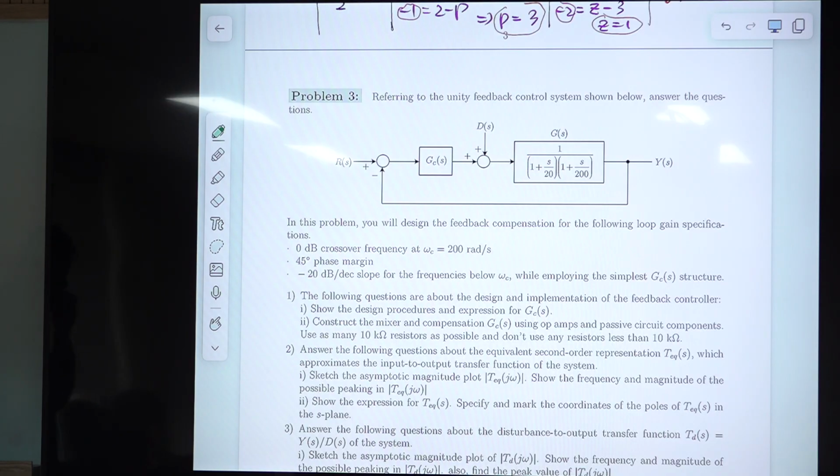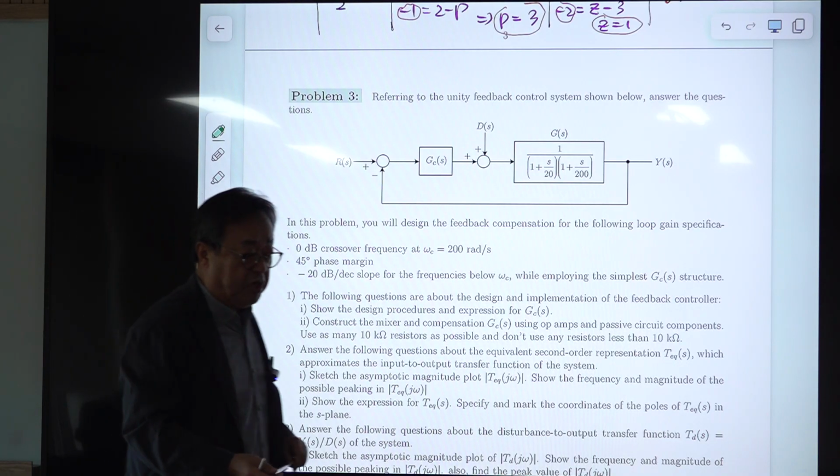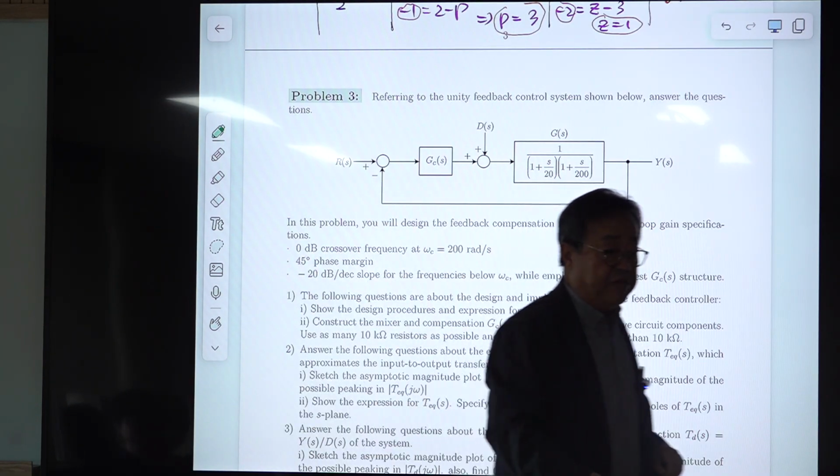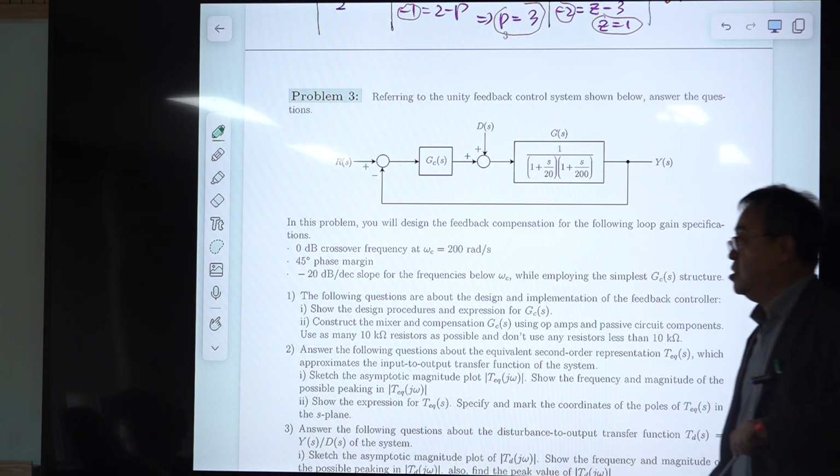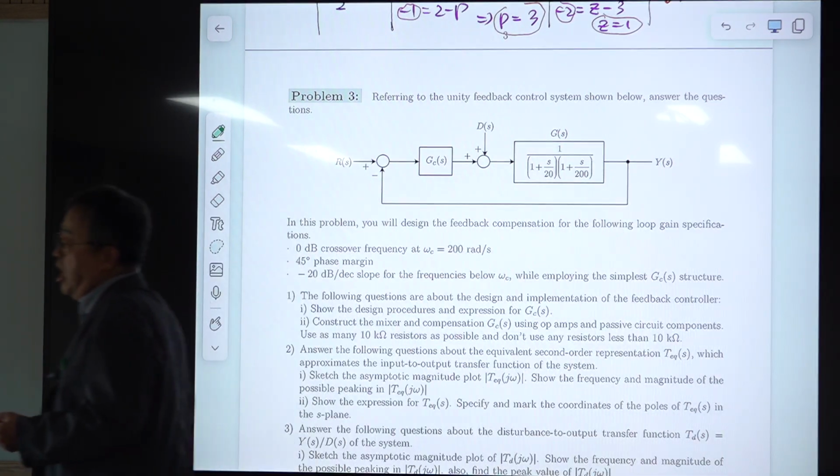far we discussed equivalent second order system and Nyquist analysis, and the last two problems are very important. Those problems deal with the design of compensation, and this is the heart of this course.